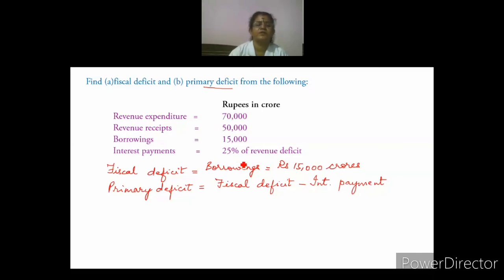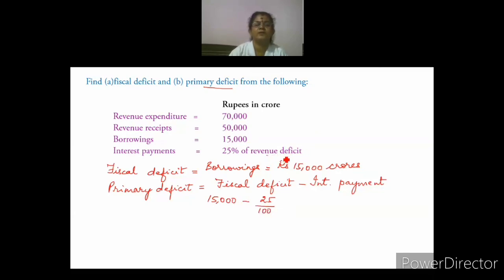The question given here is 25% of revenue deficit. So let us first substitute this: fiscal deficit 15,000 crores minus interest payment, which is 25% of revenue deficit.